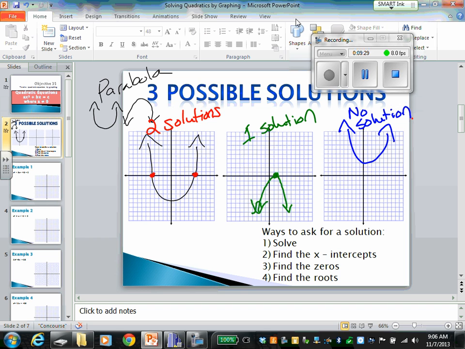Well, it's the same thing, where it crosses the x-axis, and so forth. So no matter which way, if you see a quadratic equation, 99.9% of the time, they're asking you to figure out where it's crossing the x-axis.